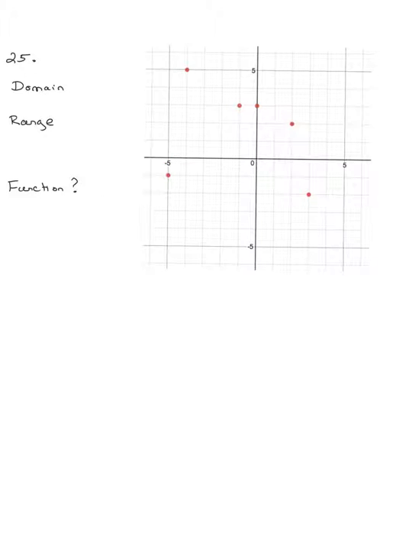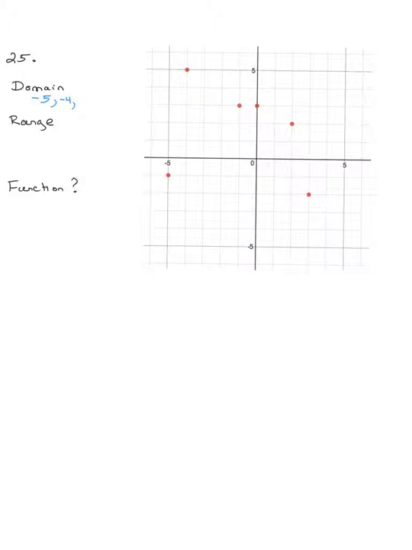So let me record that. You get -5. Likewise, at -6, there's nothing, so -6 is not in the domain. So let's go to this point next. This has an x value of -4. This means -4 is in the domain. The x value here is -1.